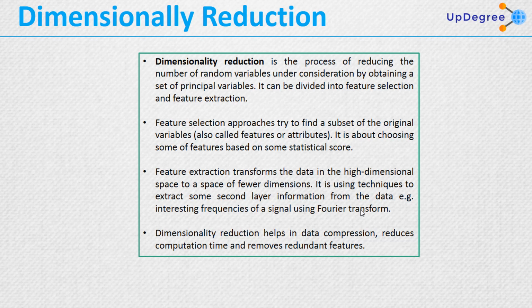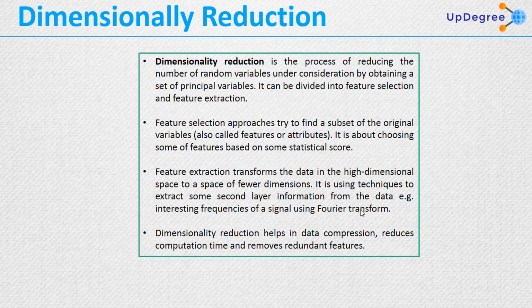From the signal, using the Fourier transform or some other techniques, we try to find out the interesting frequency components available in the signal that form the mother signal. In this way we get our second layer of information from the data, and that is known as feature extraction.